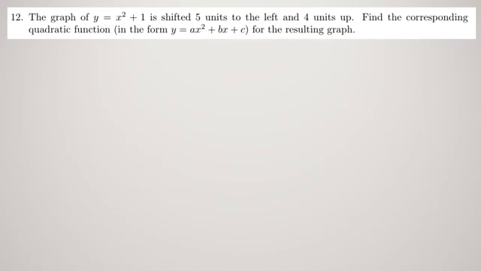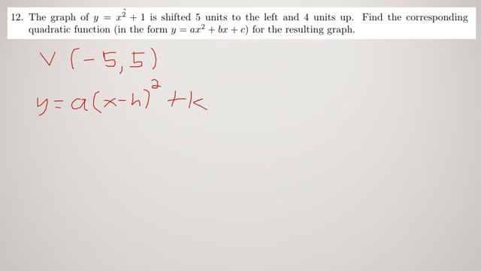Ang bagong vertex, ito na, (negative 5, 5). Shifted 5 units to the left and 4 units up. Ang vertex form, hindi pala general form yan. Vertex form, a times (x minus h) squared plus k. Diba?